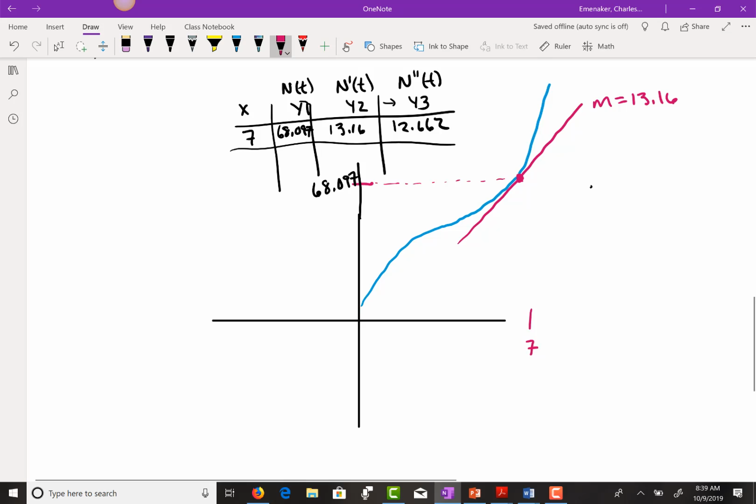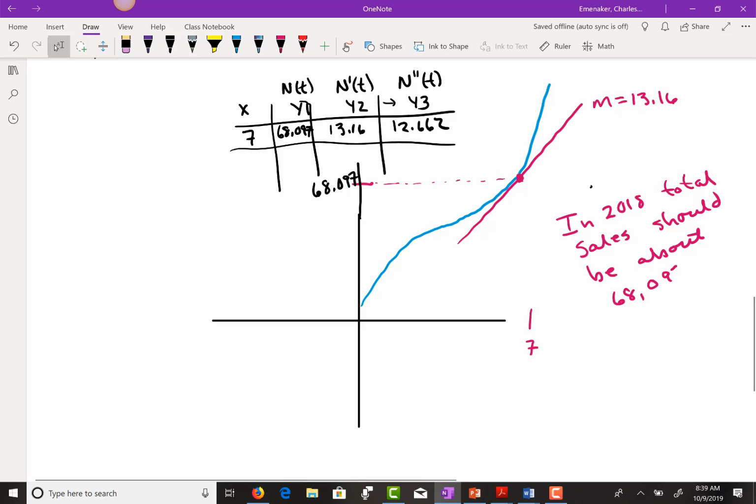They are estimating that in 2018 total sales should be about, well, we're going to sell the 68,970,000 we sold the year before, and our sales are going to go up by how much?